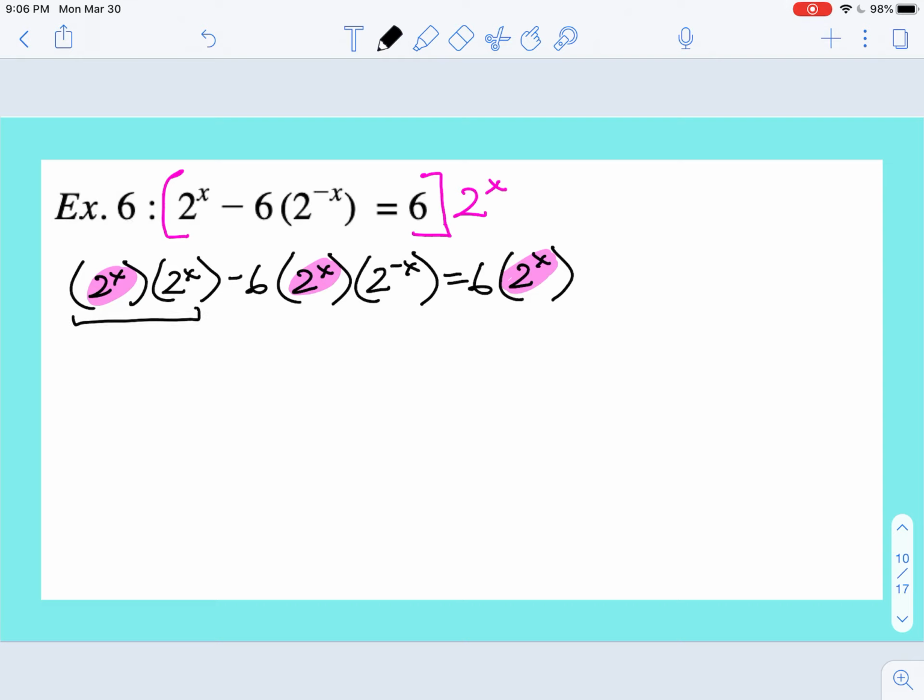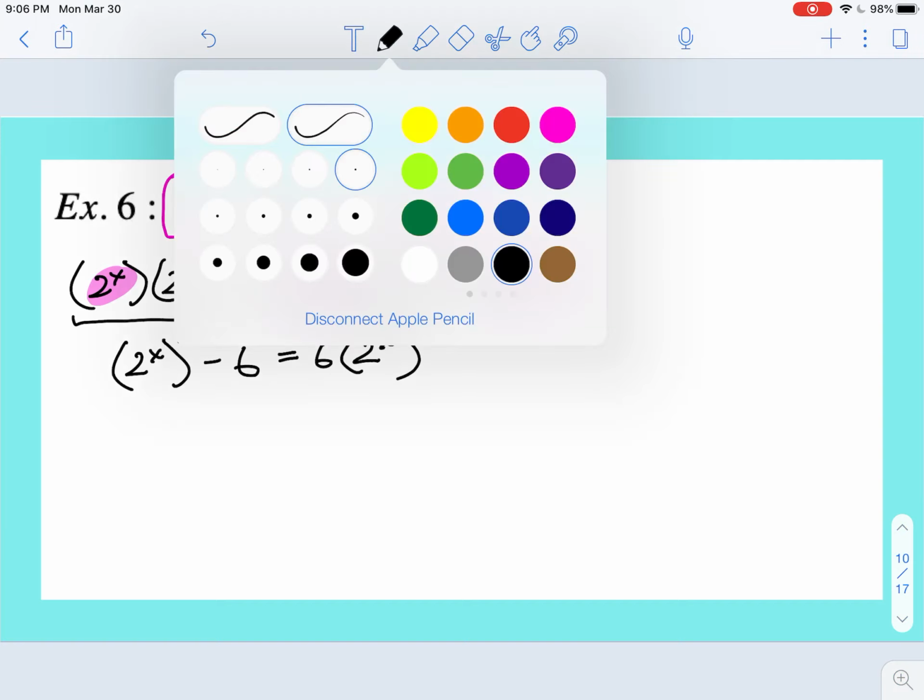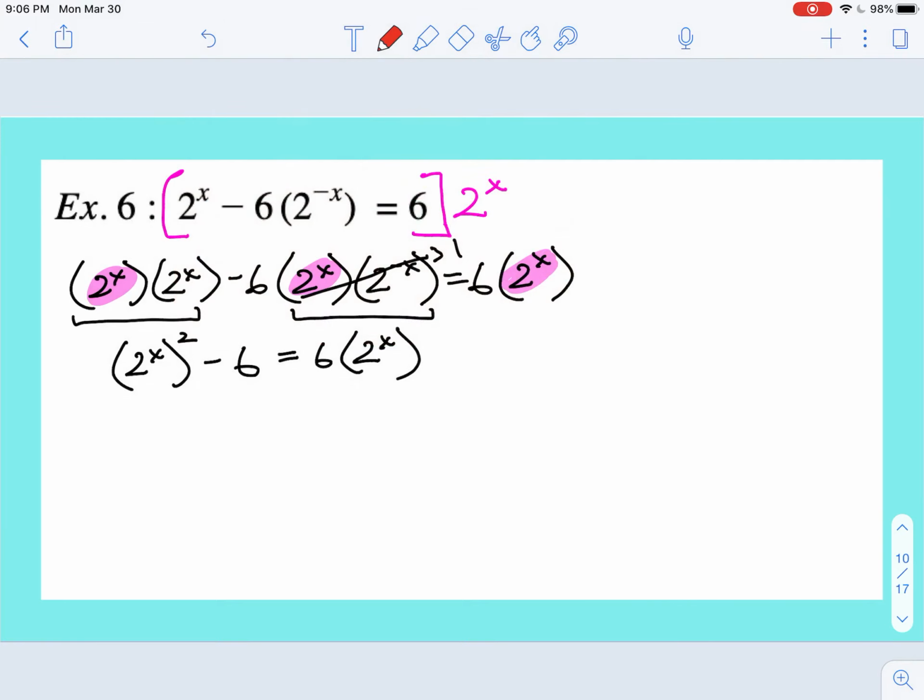So this term I can actually write as 2 to the x squared because I'm multiplying it by itself. And these two are going to give me a fancy way of saying 1. So I'll get minus 6 equals 6 times 2 to the x. And I'm going to do that u substitution again.